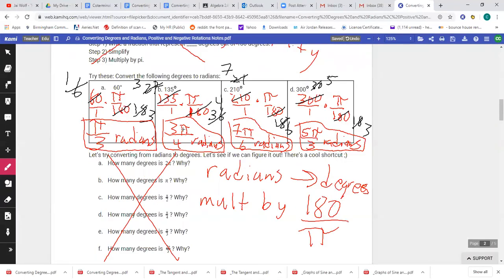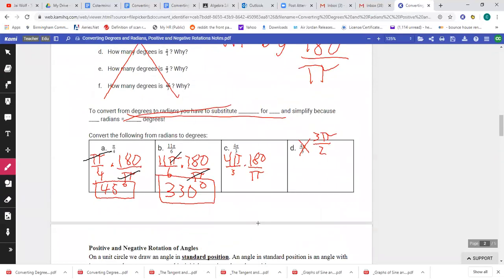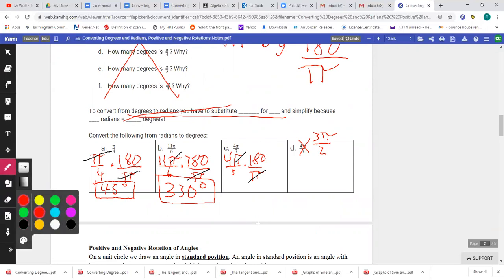Whereas if I'm converting to radians, I need a pi on top. So it's pi over 180, right? It shouldn't be like, oh my God, which one is which? It's kind of obvious. Radians to degrees, you need the pi's to cancel, so the pi has to be on the bottom. Degrees to radians, you need the pi on top. And so all you do on the calculator is you just do 4 times 180, and then you divide that by 3, and you get that this is 240 degrees.